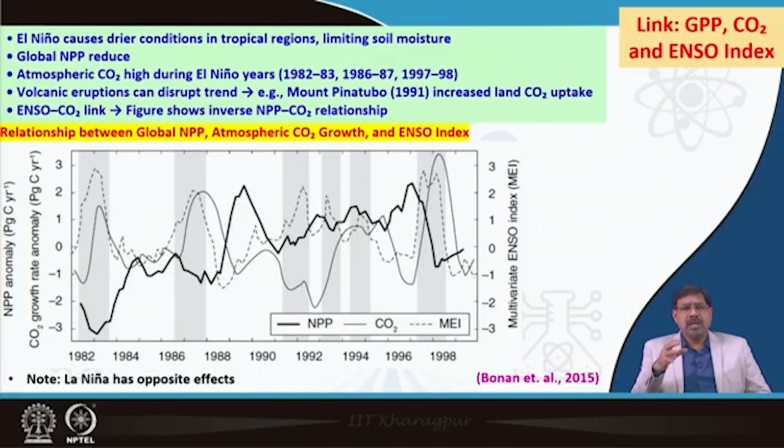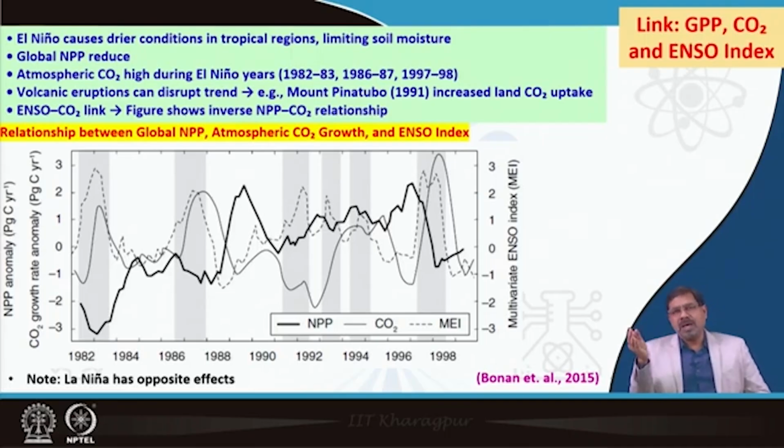And friends, what this diagram very well depicts is, on the y axis, the NPP anomaly in terms of petagrams of carbon per year, and also the carbon dioxide growth rate anomaly, the unit is petagrams of carbon per year, as we know.